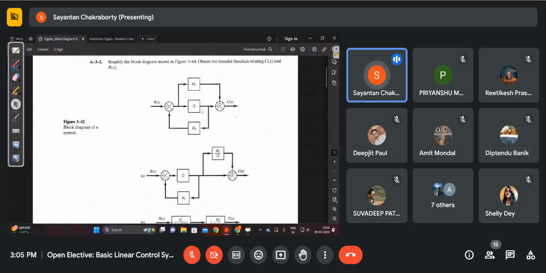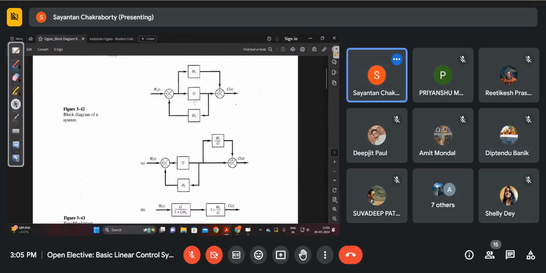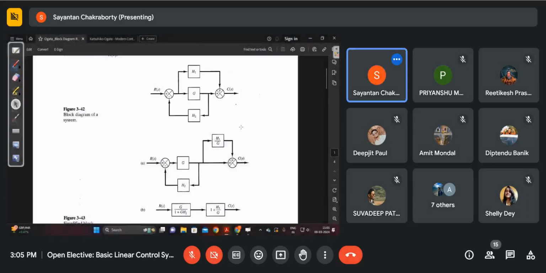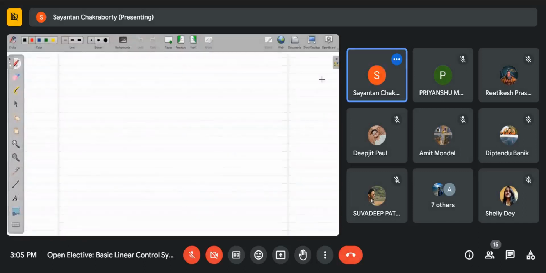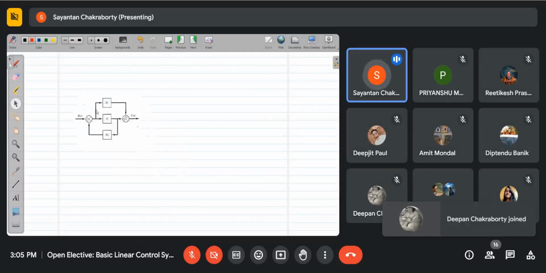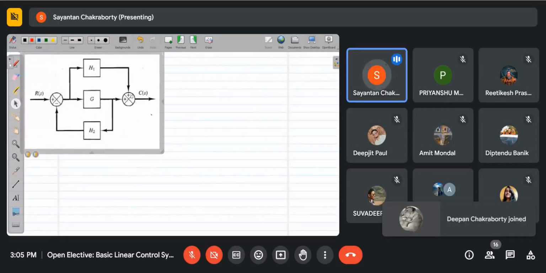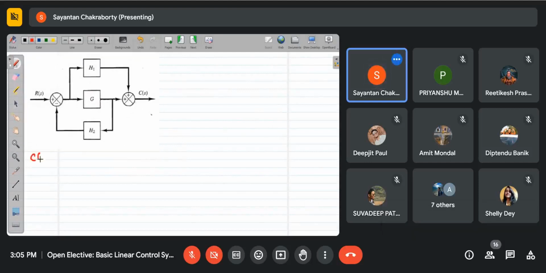Let's start with some very basic problems, right? So given this network or this block diagram, I want to find the relation C(s) by R(s) via block diagram reduction. Now see, these two loops are interlinked.